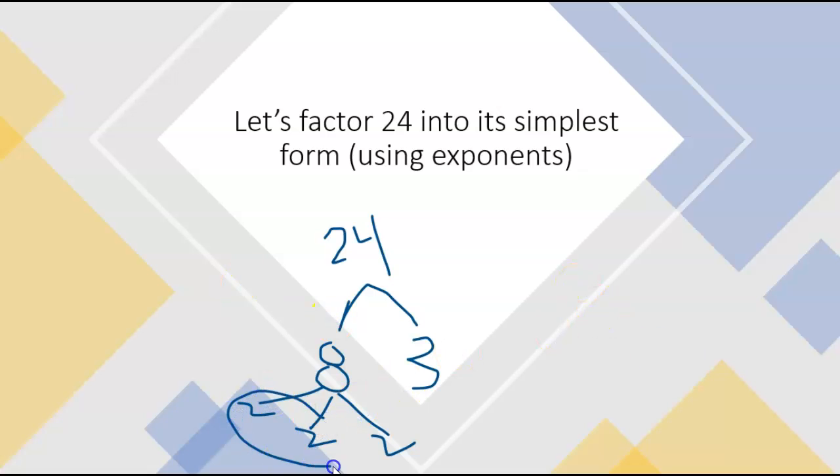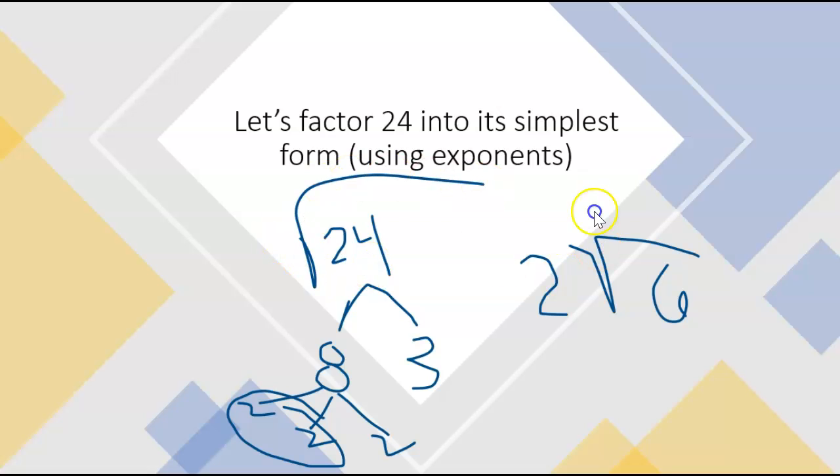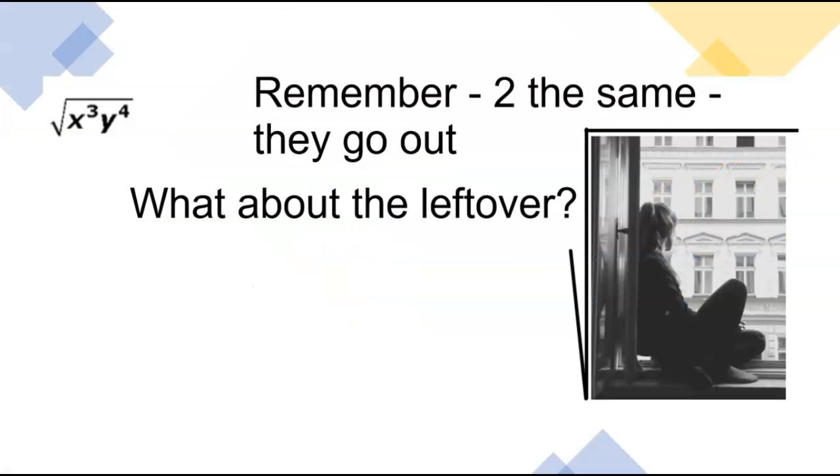These two are exactly the same. They can go out. What are we leaving at home? The 2 and the 3. Square root of 6. So if this was the square root of 24, this would be the answer. Remember though, the two have to be the same, and then they can go out.